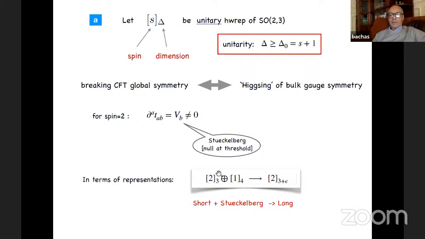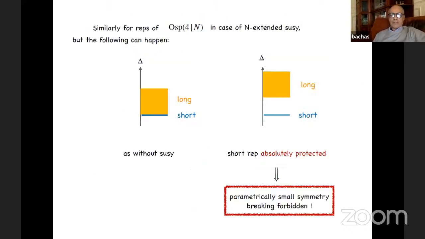But away from the threshold, you just have, in terms of representations, that a massless spin 2 and a massive vector become basically a massive spin 2. A short plus Stueckelberg becomes a long representation. So this is quite standard. But now we have to do it in the presence of supersymmetry. And in particular, in 4 dimensions, the supergroup is OSp(4|N), and you have to say under what conditions what I just said can happen.